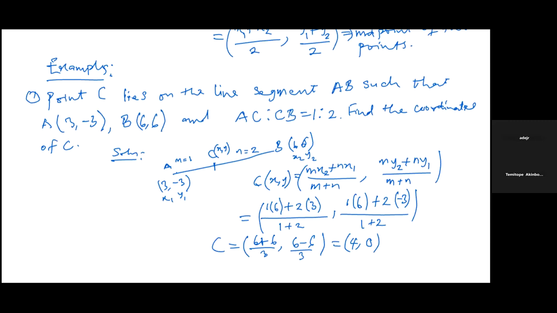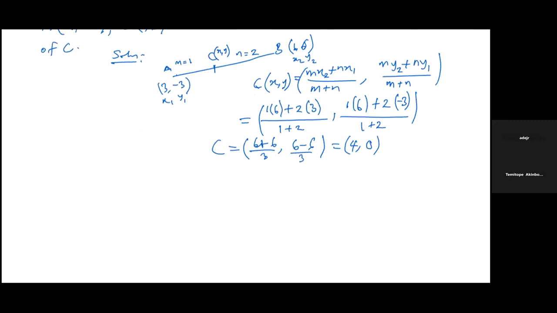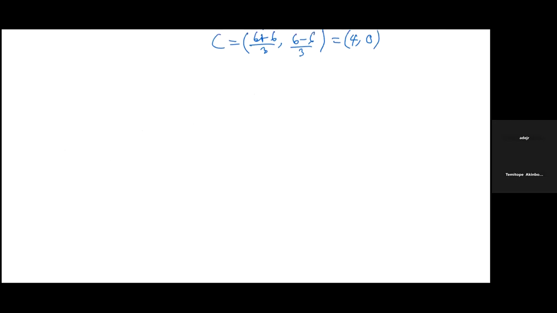So let's see example 2. And I will want you to attempt that example 2 before I come in. I want to see how you're going to fare there.